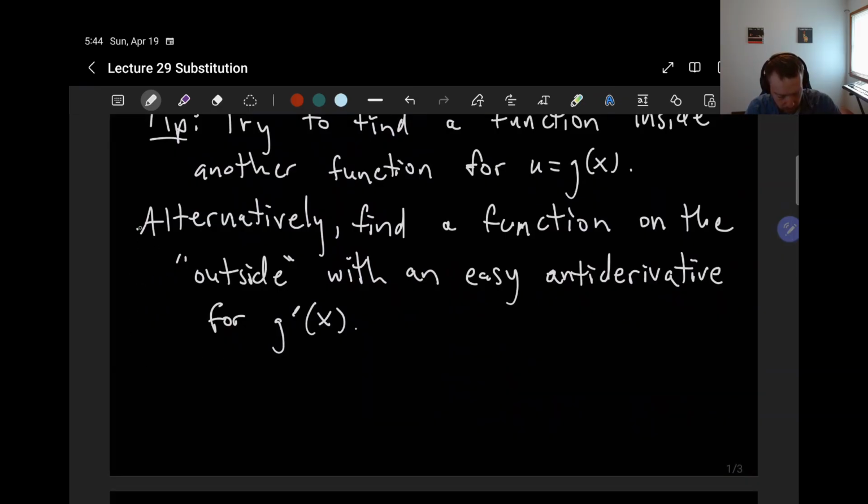So we could find a function that is on the outside somewhere, which has a nice, simple antiderivative. And I wouldn't make that my u, but rather my g prime of x, so the derivative of u, essentially.